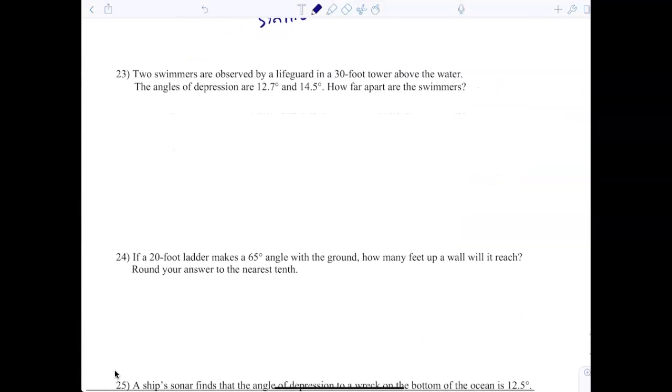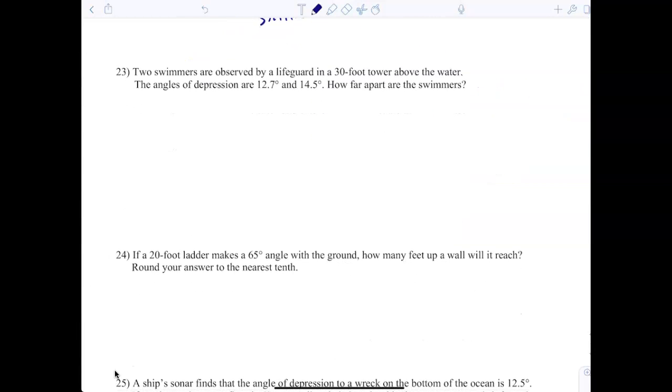All right, here we go. Number 23. Two swimmers are observed by a lifeguard in a 30-foot tower above the water. The angles of depression are given. Do you agree that's the same problem? Everybody agree that's the same problem? All right, so I'd rather try a different one.